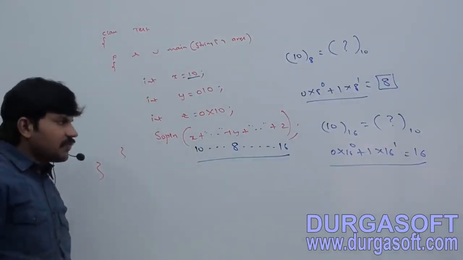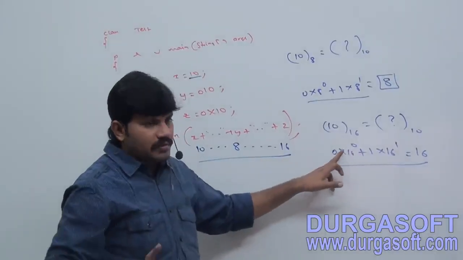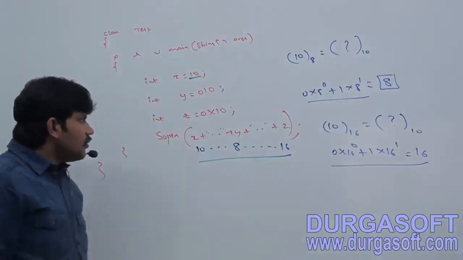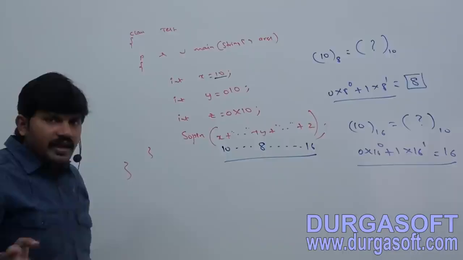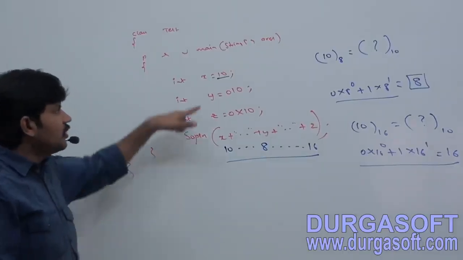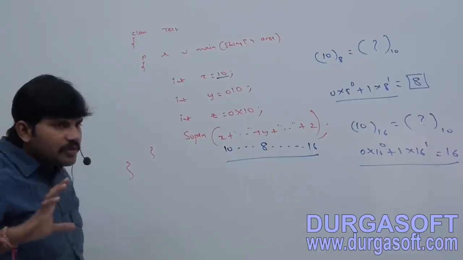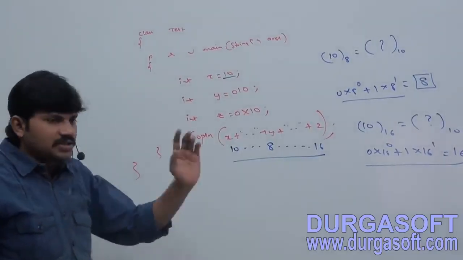So 16 itself is the answer. 0 into 16 power 0 is 0, plus 1 into 16 is 16. So make sure you people are aware: the programmer has the choice to specify the value either in decimal or octal or hexadecimal, but the JVM is always going to provide the value in decimal form only: 10, 8, 16.